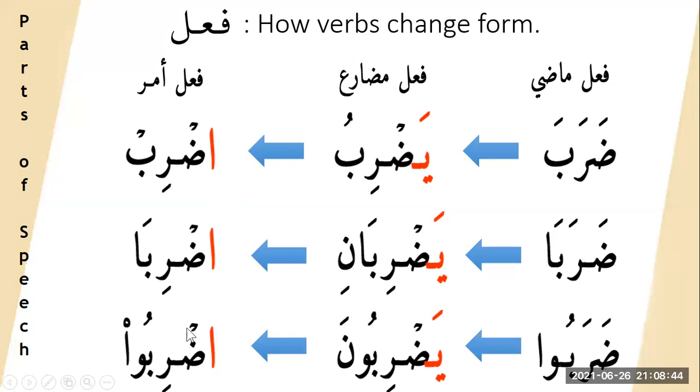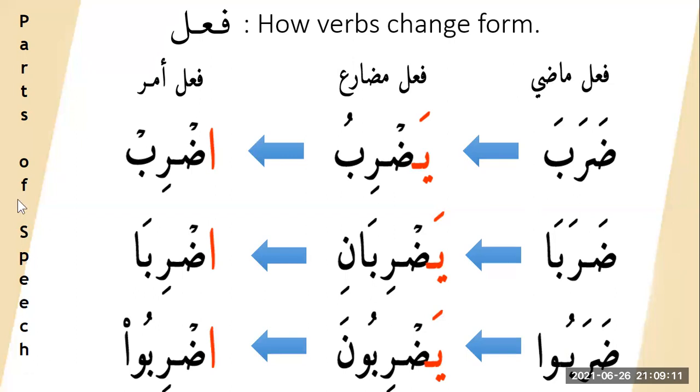So you notice that when it's plural, there's always a waw there at the back. Waw means plural. And this waw will tell you about the person who actually performed the verb. You have a he, a they of two persons, and many persons.